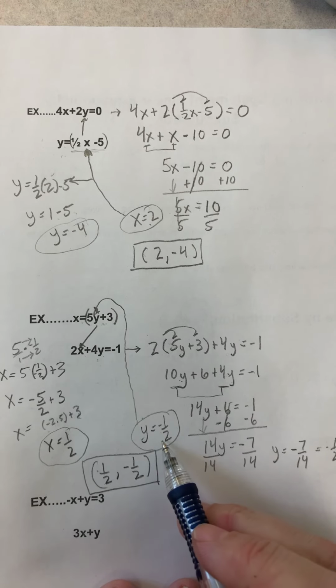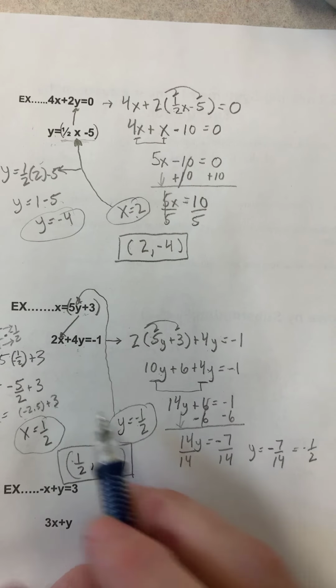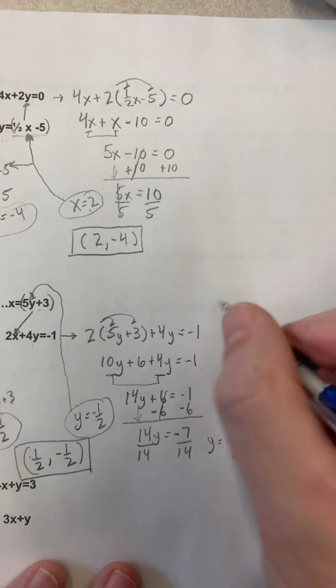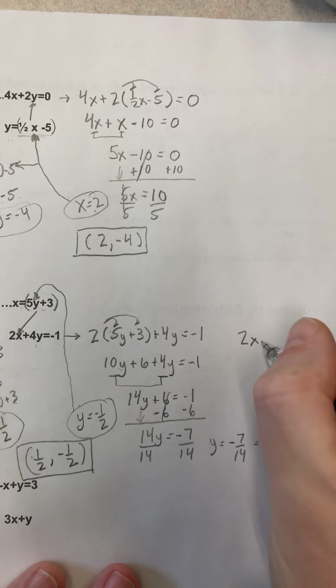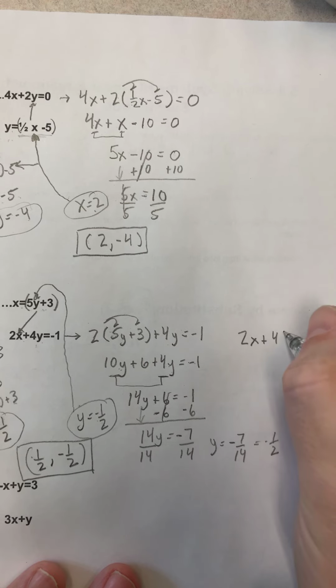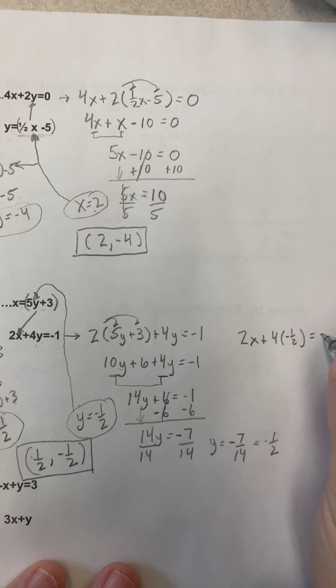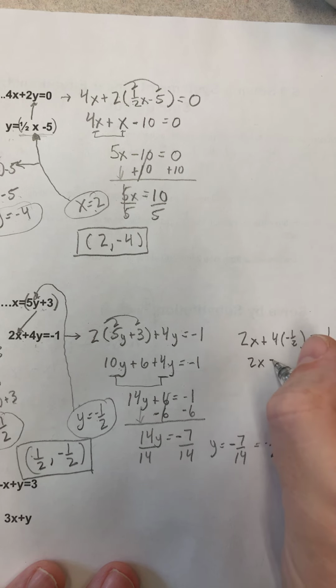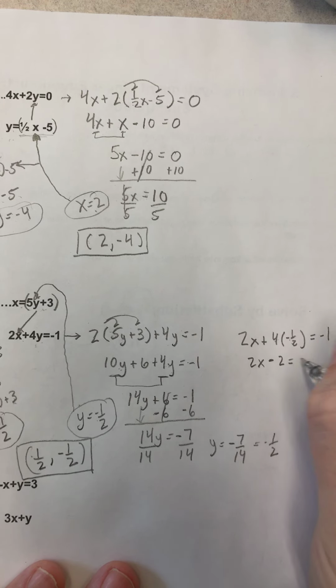And I could have certainly taken this negative 1/2 and plugged it into this equation to find out what x is. And I'm going to do that over here. 2x plus 4 times negative 1/2 is equal to negative 1. 2x, 4 times negative 1/2 is negative 2, is equal to negative 1.